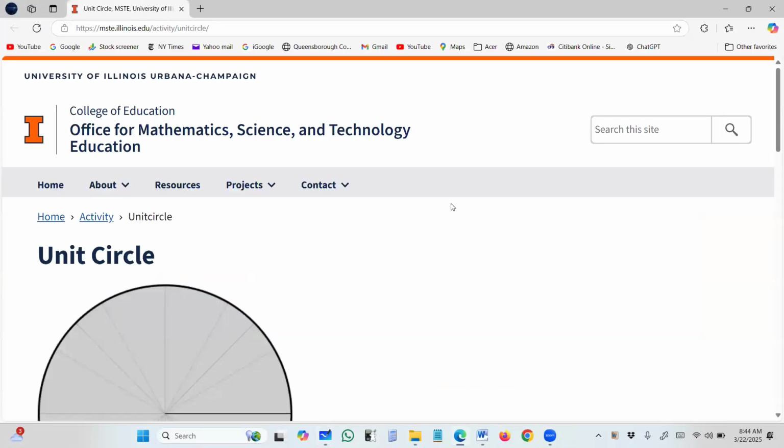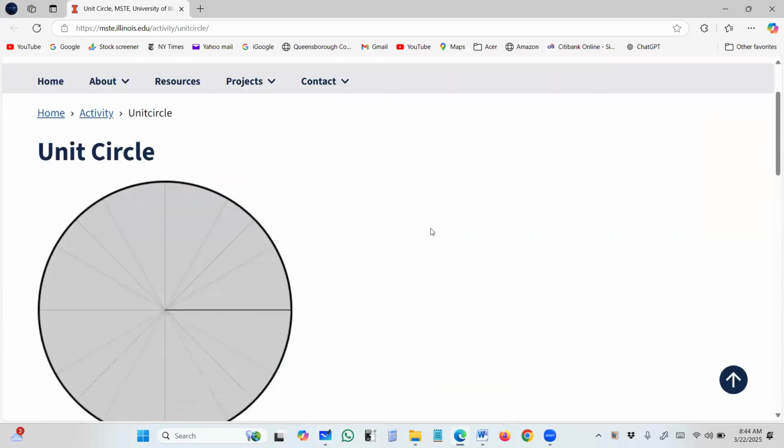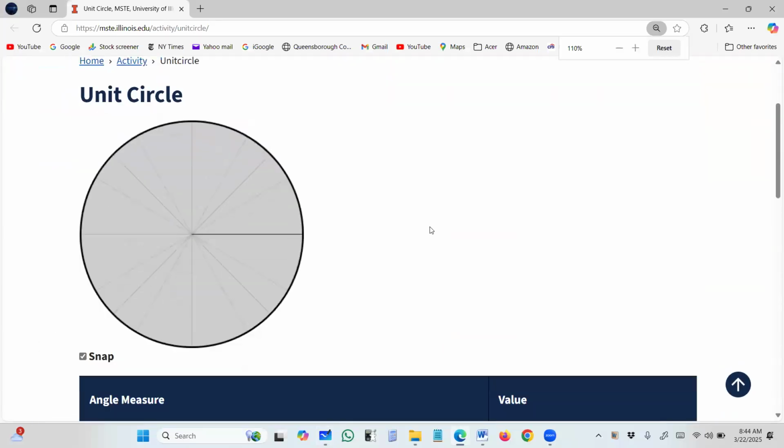Let's just show you real quick what they look like. So here is the unit circle, and as I move, right? So I'm moving this black line. As I'm moving the black line, you can see the angle formed here by this light blue. So the angle formed with the horizontal or the x-axis.